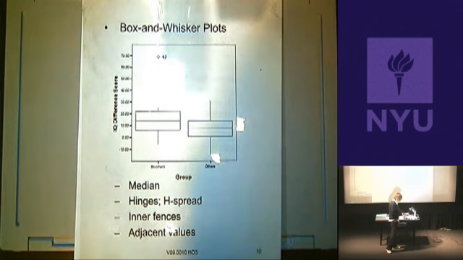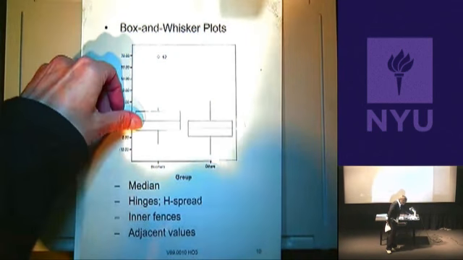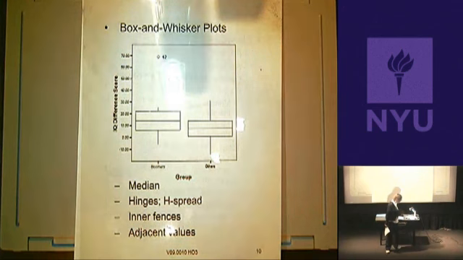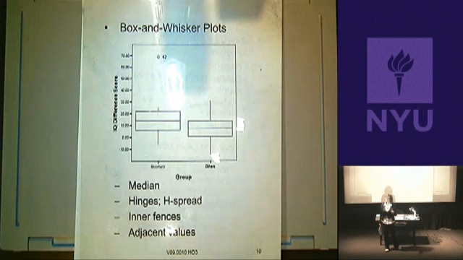All right? Now, let's talk about the top of the box and the bottom of the box. Those are called the hinges. Loosely, it's the 75th and 25th percentiles, or the third and first quartiles. And I say loosely because you might find slight variations depending on the book you read, depending on the computer program.